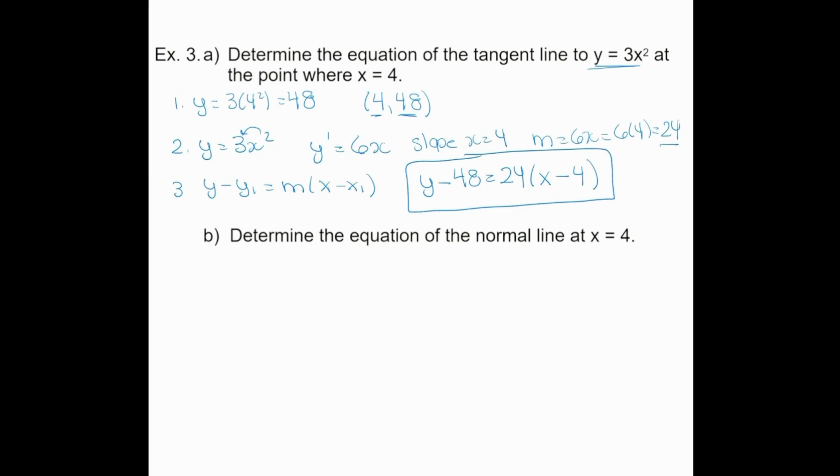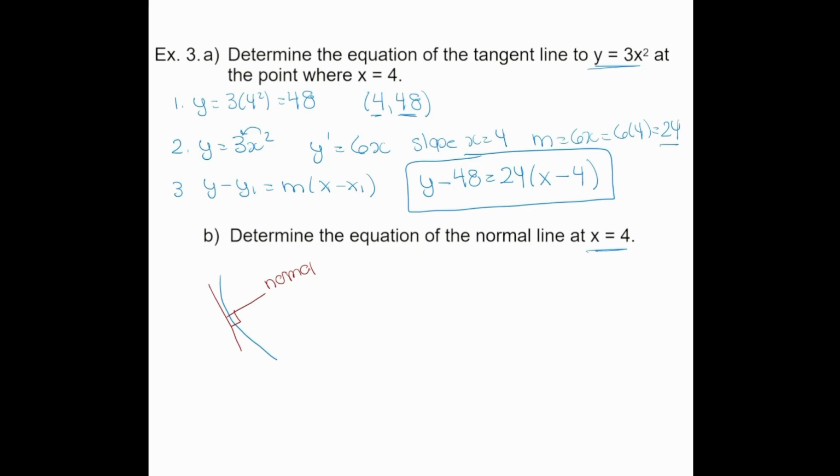The second part of this question asks us to determine the equation of the normal line. That means it's perpendicular. So that means that if I have some curve and I have a tangent line to that curve, my normal line is that perpendicular line. This will be my normal. And what this is asking us to find is the equation of that normal line, again, when x equals 4.